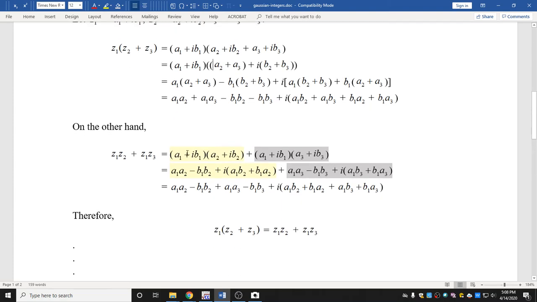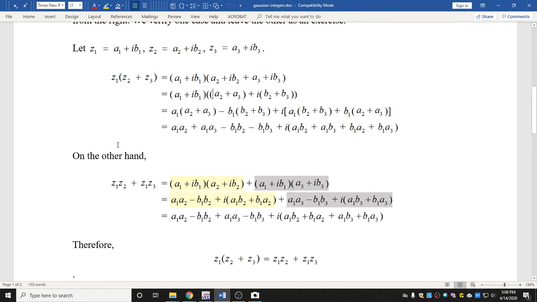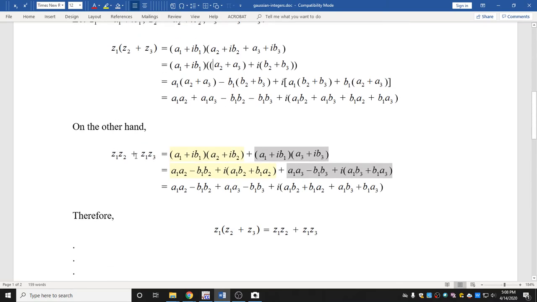Now, performing the other calculation, which is that of z1 z2 plus z1 z3. So z1 is simply a1 plus i b1, z2 is a2 plus i b2, plus, and then z1, a1 plus i b1, and then z3, a3 plus i b3.